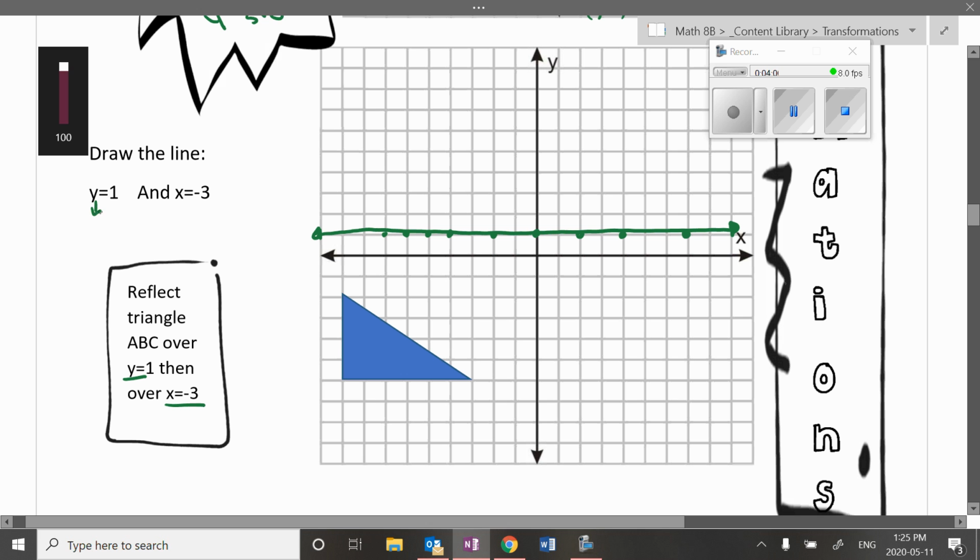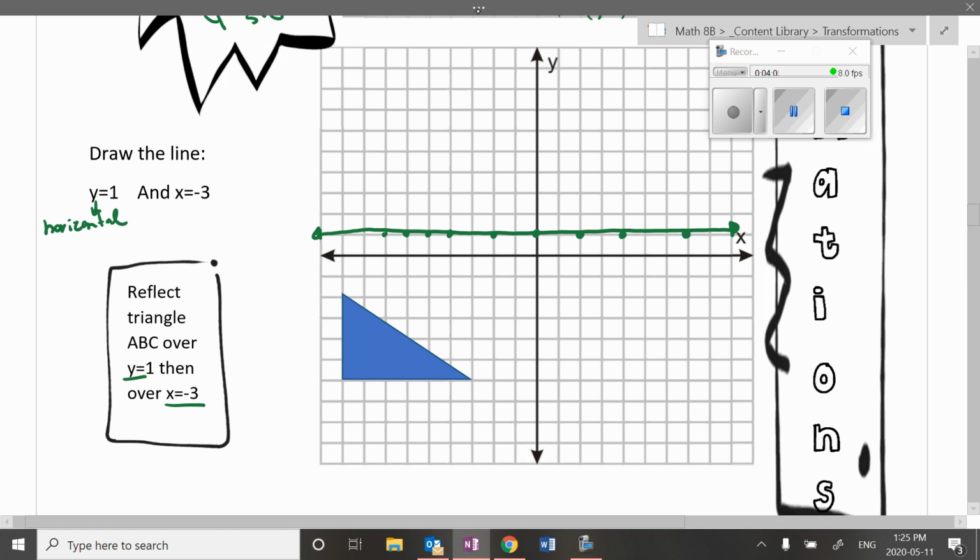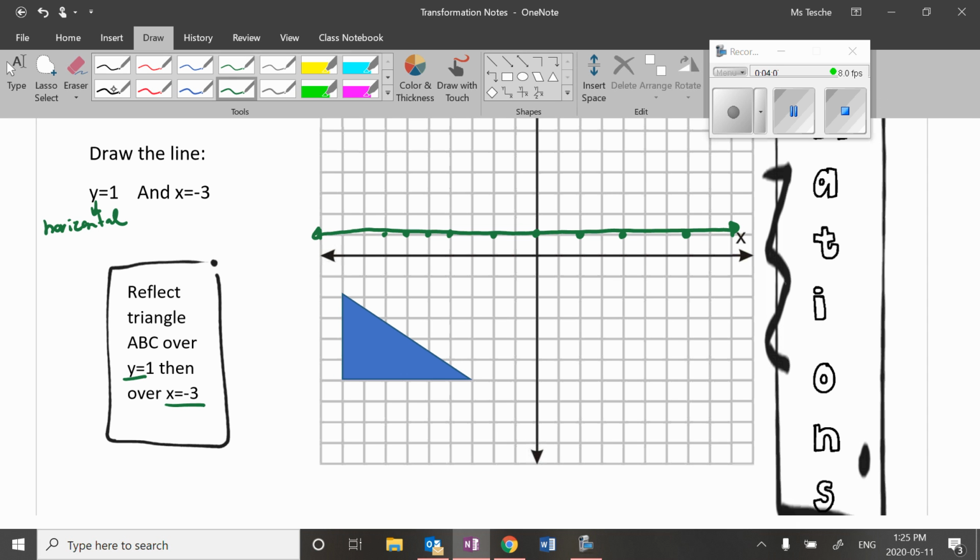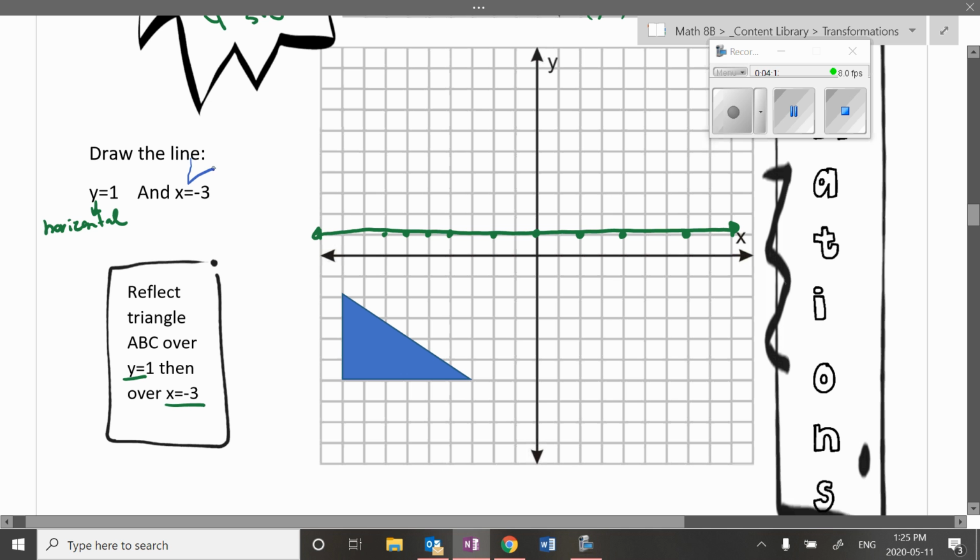So whenever we have y equaling something, for a line, it's a horizontal line. For x equals a number, so this x equals -3, it's going to end up being a vertical line. If I go over 3 points, x is equal to -3 here. It's also -3 here, here, here, here. So we get this vertical line. My y values change here, yes, but all of the x's have that same point.